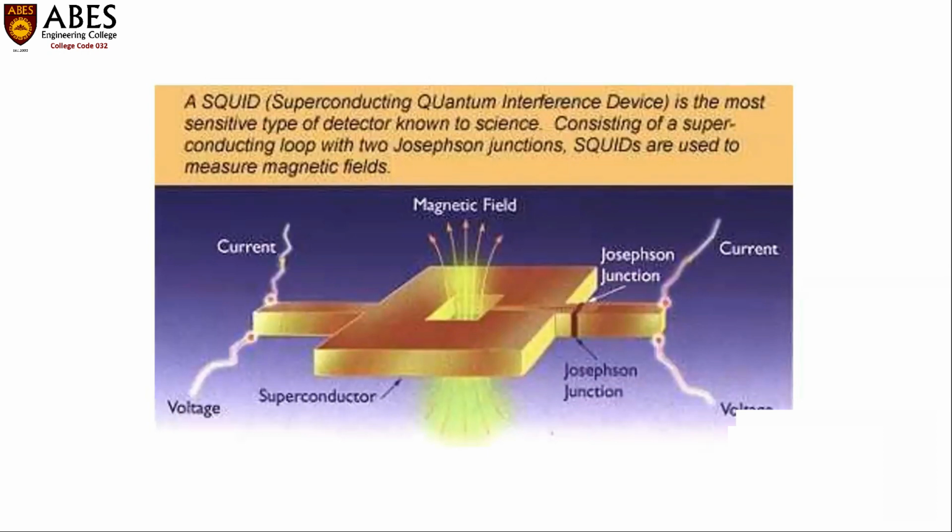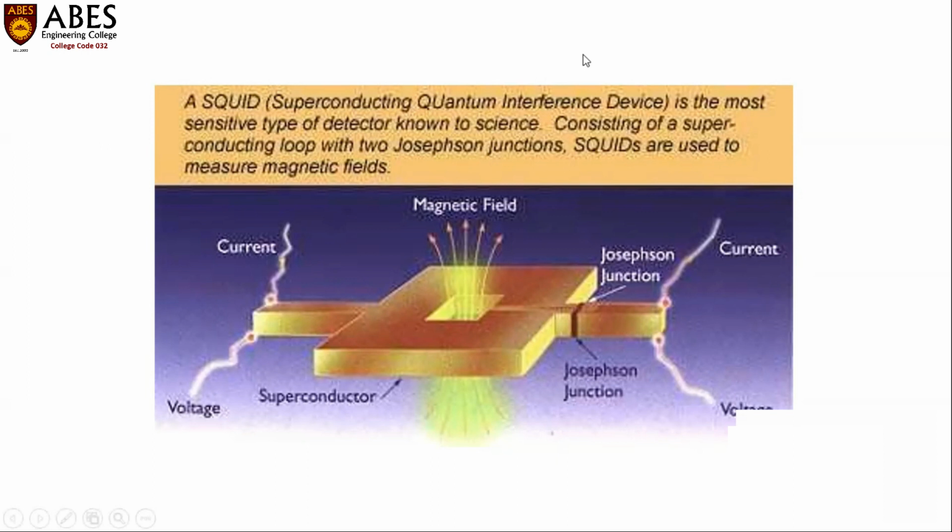Another fantastic application of superconductivity is the SQUID. SQUID is the superconducting quantum interference device. This device is very important because it is used in various forms. It is the best form of detector that has been found till date.